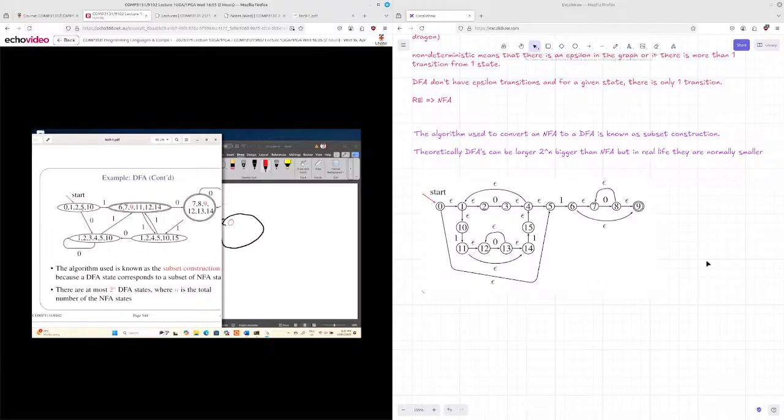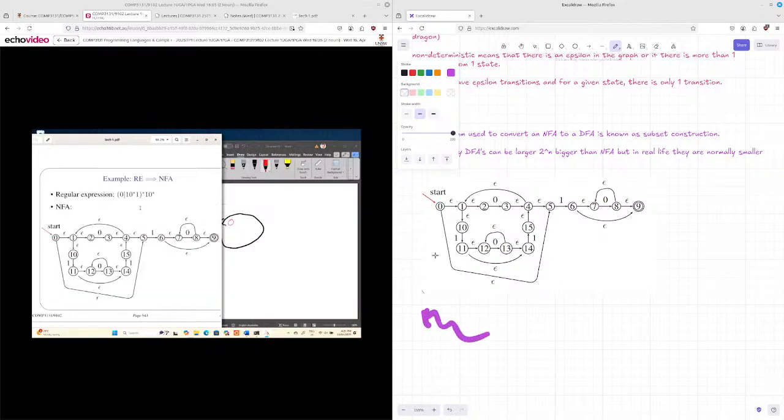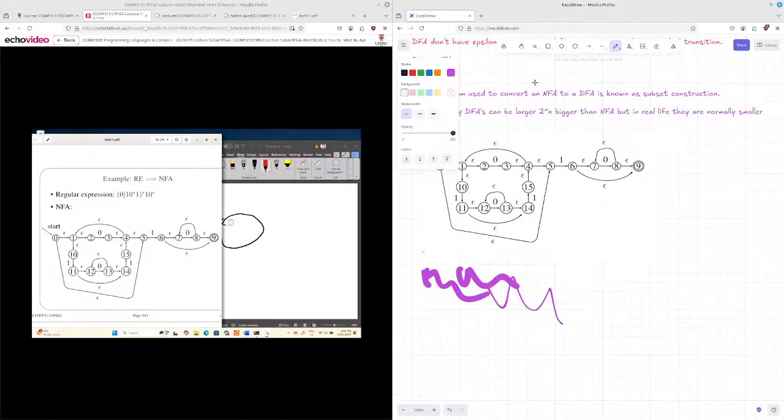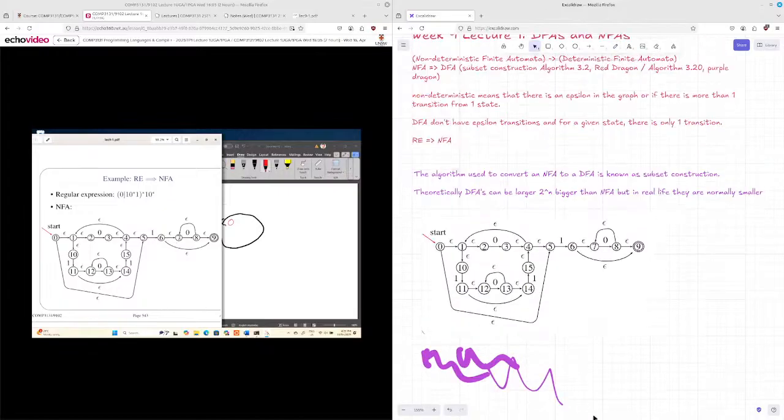Then, if the next input is 1, the DFA says, look, you can be in only one of these 6 states. If you look at the machine here, if the next input is 1, you can reach 1. From 5, you can go to 6. Once you are at 6, you can move to 9, you can move to 7.